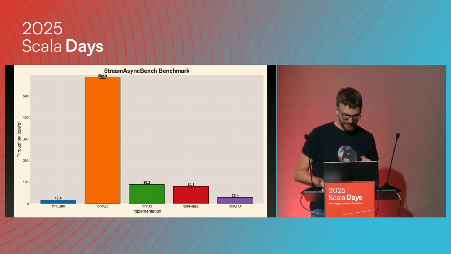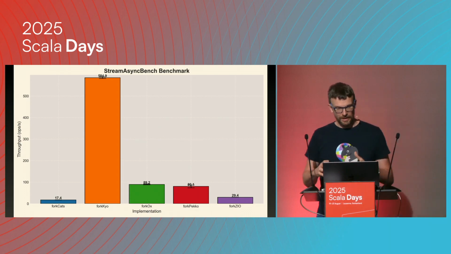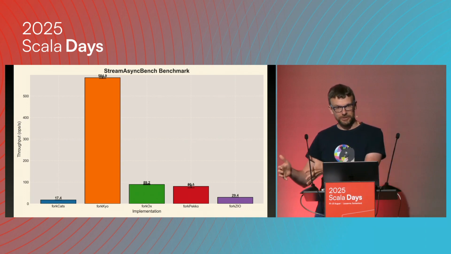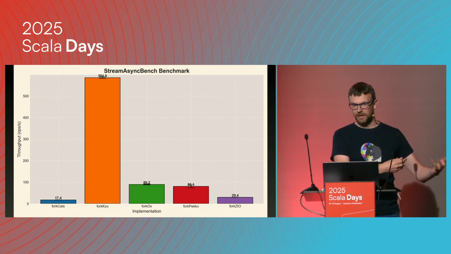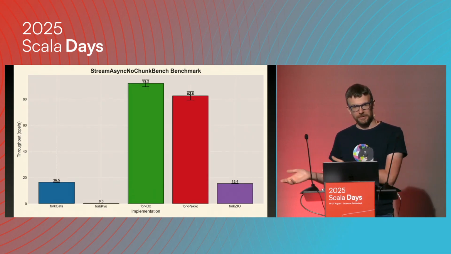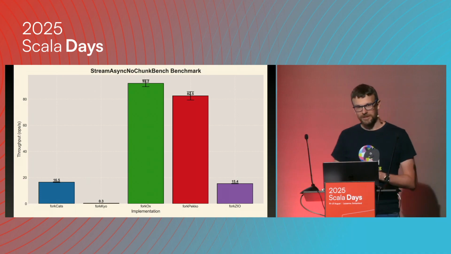However, the catch here is that CAIO uses something that's called batched processing, right? So it processes the elements in batches. And if instead we produce the elements one by one and we turn off the batching, the results are quite different, right? So maybe this shows that these benchmarks don't make much sense.